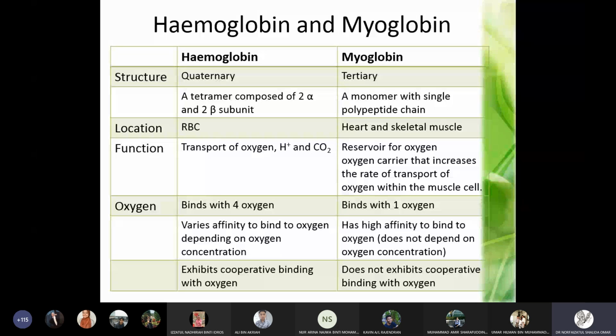Whereas myoglobin has a very high affinity. This one does not depend on the oxygen concentration. Later I will explain this. Okay, and hemoglobin exhibits cooperative binding with oxygen. Myoglobin does not exhibit cooperative binding with oxygen.